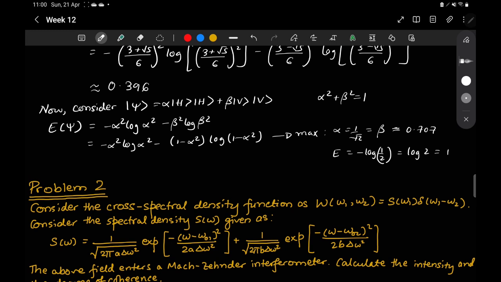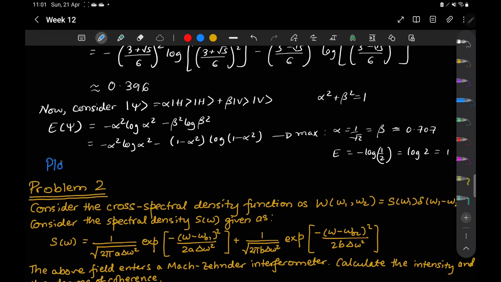So maximum entanglement of formation occurs when alpha equals beta equals 1 over root 2 and the value is 1, as expected. Now let us look at the plot for this in Mathematica. Plot of this entanglement of formation versus alpha.